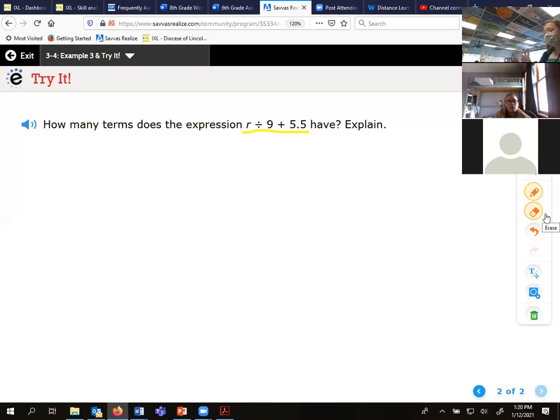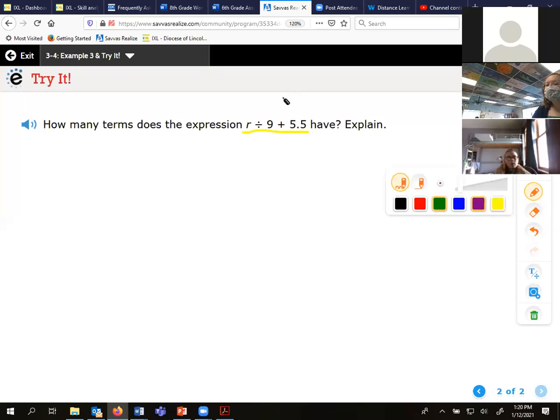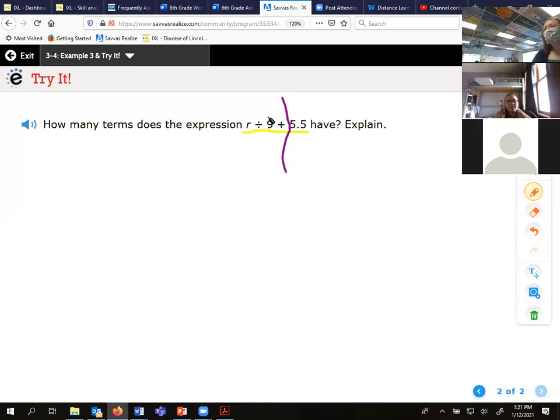Anna. Okay, so if you think back to the beginning of the video, it said anything separated by a plus or minus sign. How many plus or minus signs do I have in this? Just one. Okay, just the one plus sign right here. So this means that r divided by 9 is technically one term because I could write it like this.